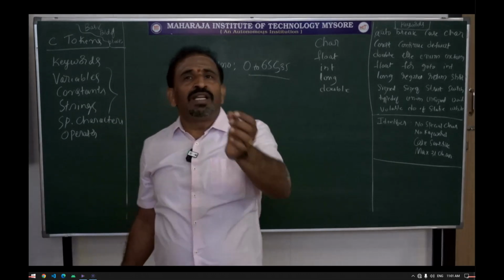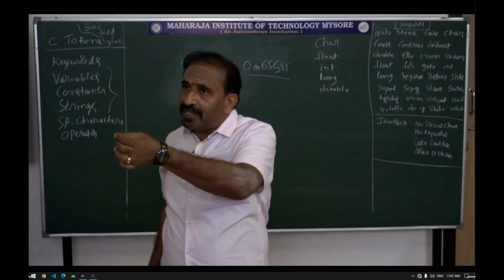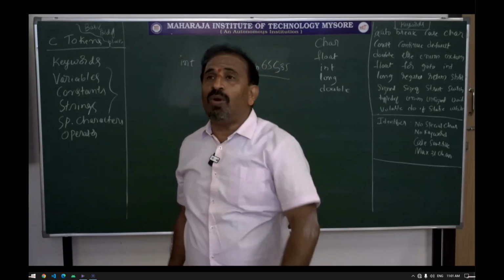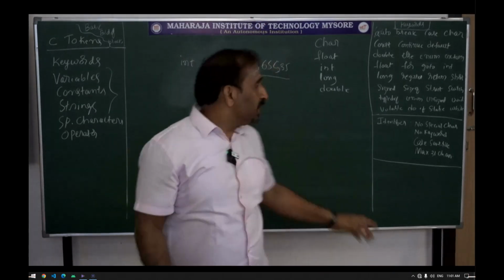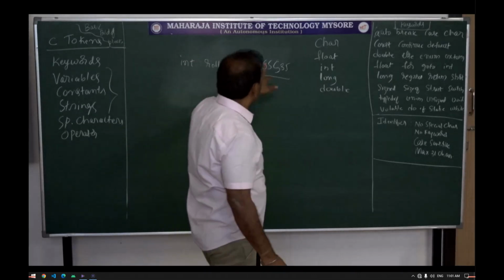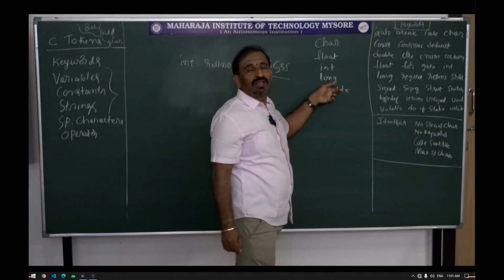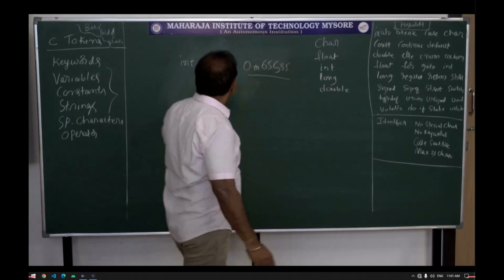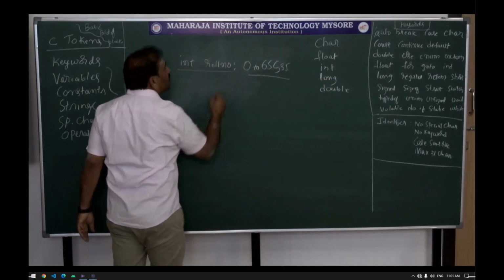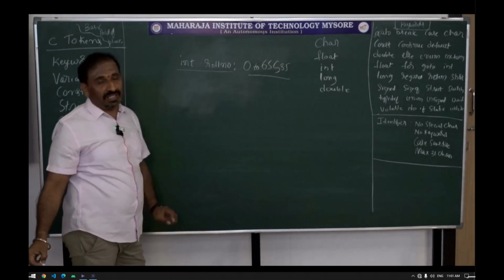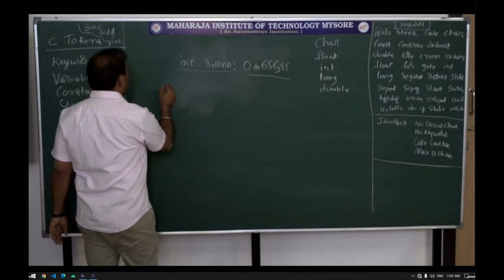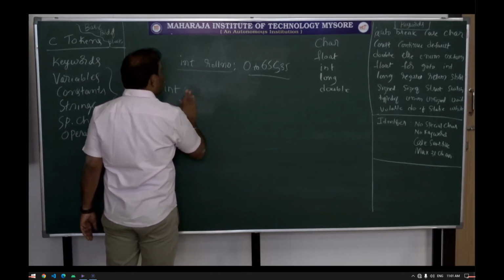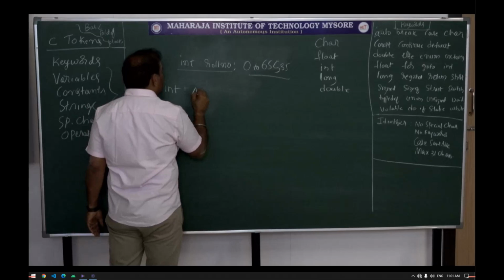Say for example, if some variable needs to take a bigger value, then I have to go for long. I have to have a long integer instead of this short integer. Say for example, something like Aadhaar number.